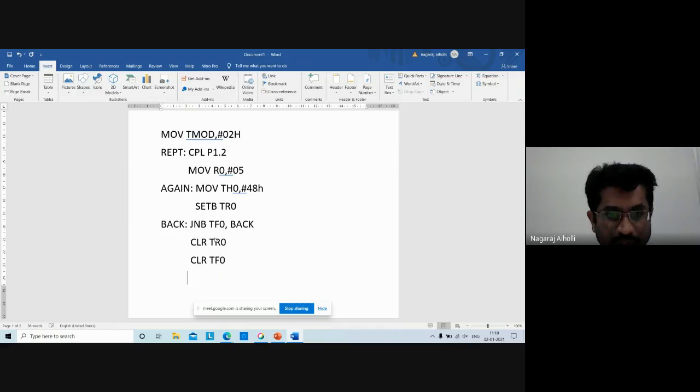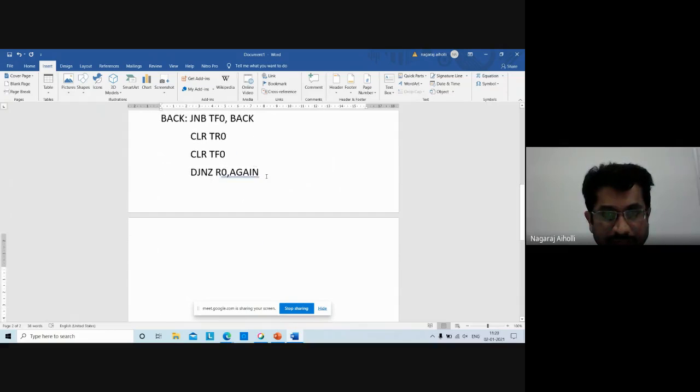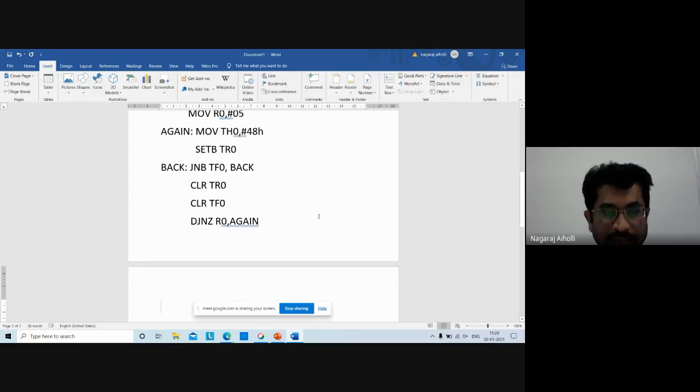Then we have to decrement the count. DJNZ R0, where should it jump? If it is not 0, it should jump to again, right? Because it has to repeat for 5 times. If this count 48H, B7, 183 cycles, has to repeat for 5 times, it generates a delay of 0.5 millisecond half period or 1 millisecond full period.